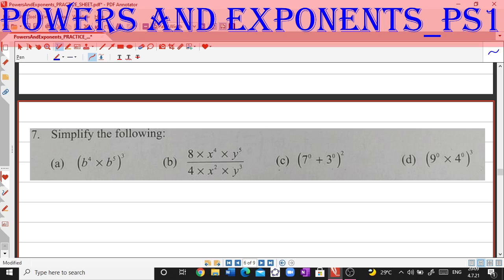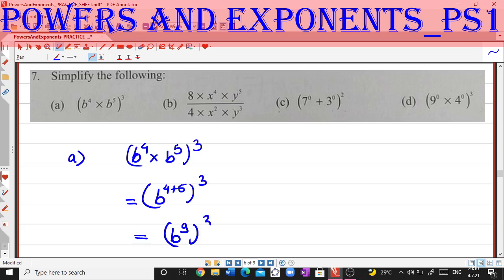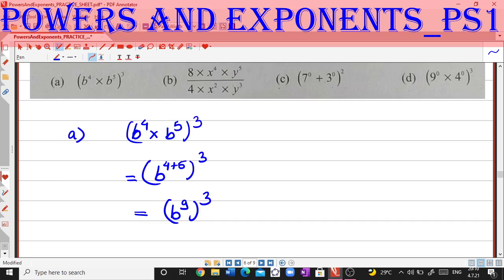The bases are same, powers are different and the operation is multiplication, so we have to use the first rule which we have applied. So it is b to the power 4 plus 5, raised to the power 3. So this is going to be b to the power 9 raised to the power 3, and it is equal to b to the power 27.